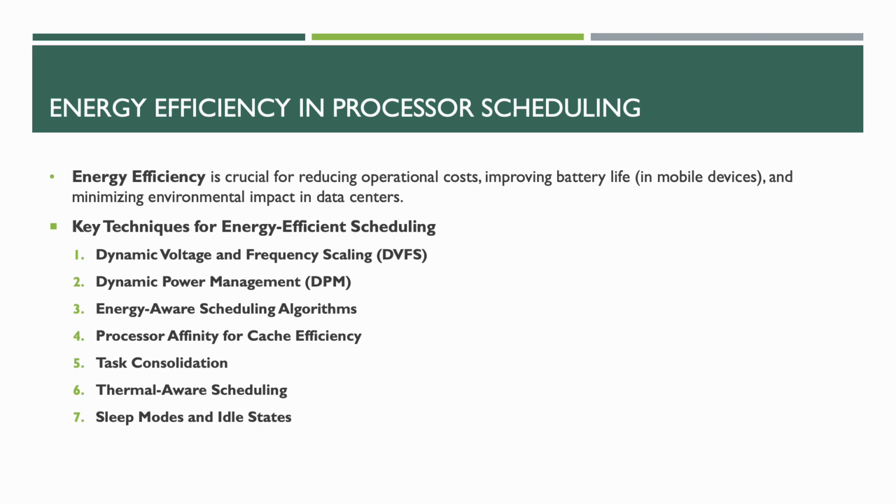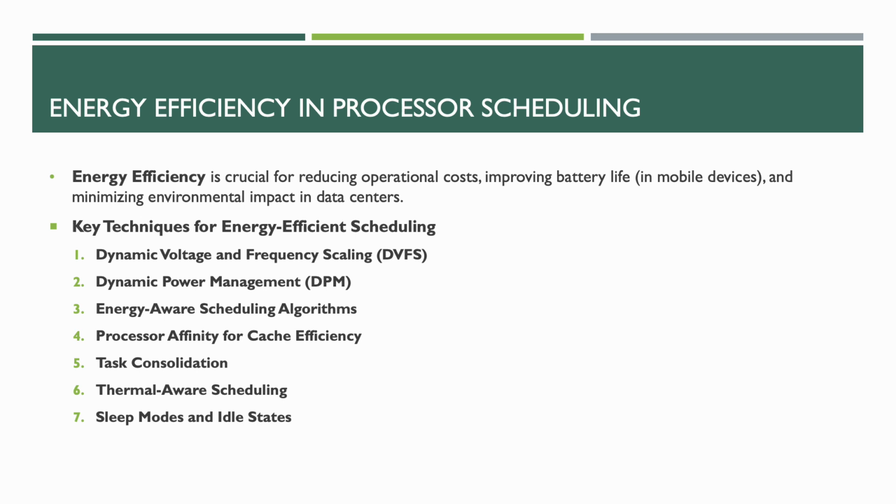First of all, if we talk about key techniques for energy efficient scheduling, we have dynamic voltage and frequency scaling, which adjusts CPU voltage and frequency dynamically based on workload. Lower frequency reduces power consumption while higher frequency provides performance when needed.